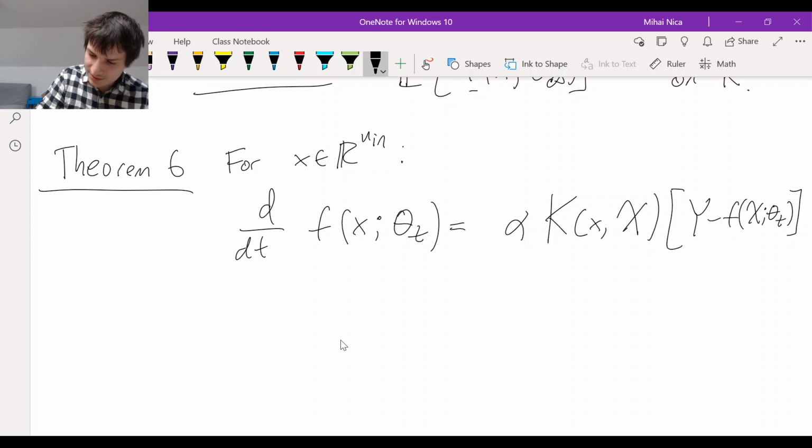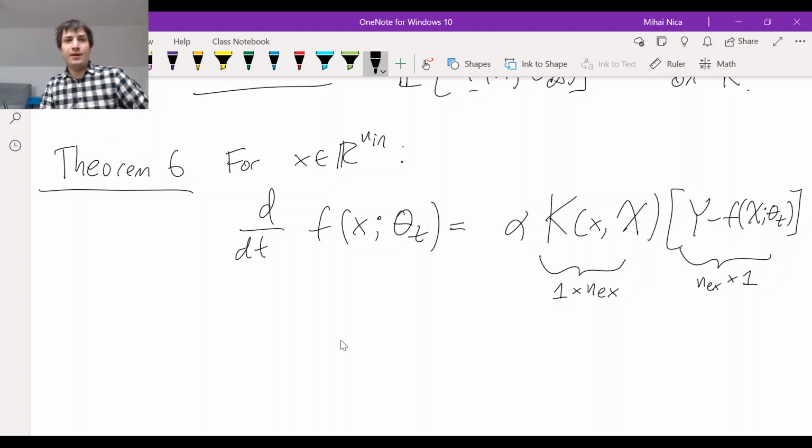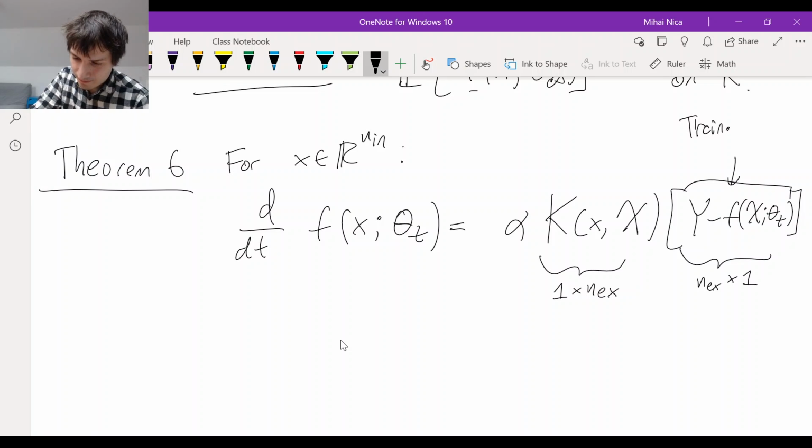Okay, so this is an nx by 1 vector. This is a 1 by nx vector. So you take the kernel k. First, this thing is just the training examples. y is the training labels.